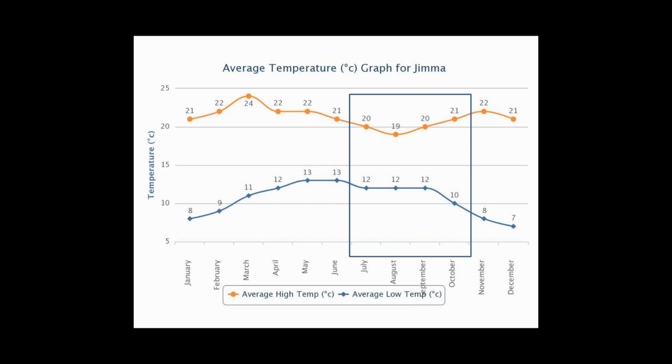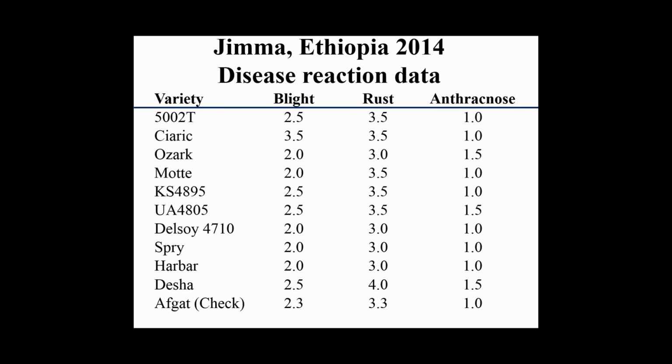So I think as we look to develop varieties in Africa, even at similar latitudes, we're going to see some very big differences in temperature. If we looked at the temperatures in Tamale, they would be much different than these, even though the latitudes are very similar.